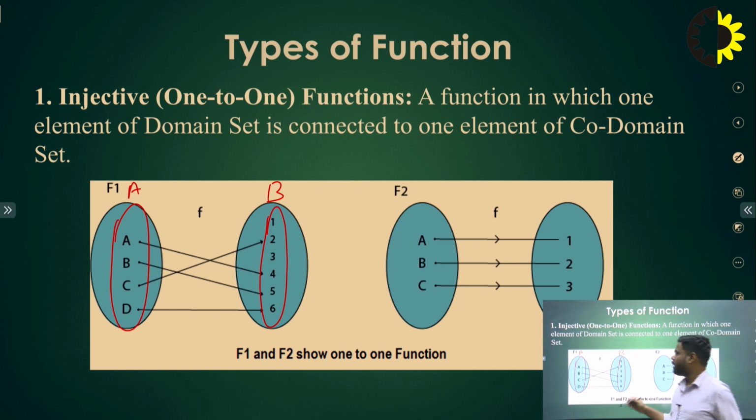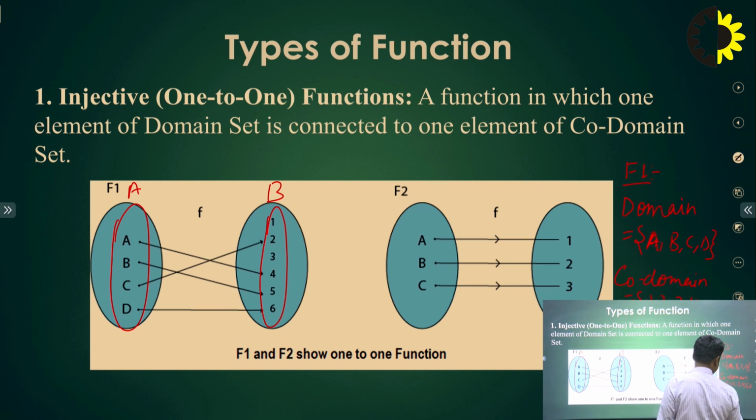So I am writing the values for f1. The domain is A, B, C, D. The codomain is 1, 2, 3, 4, 5 and 6.